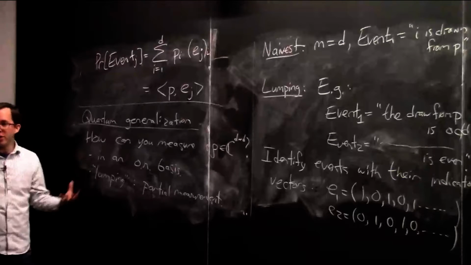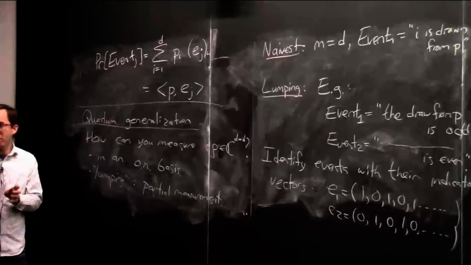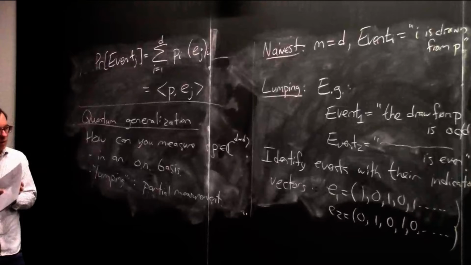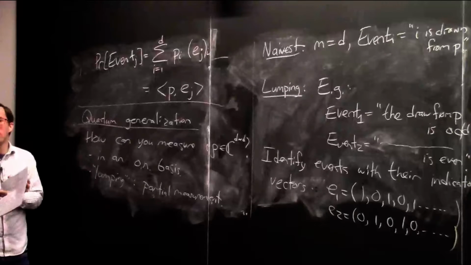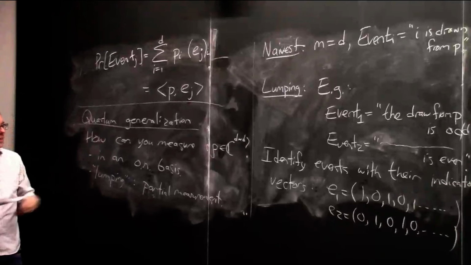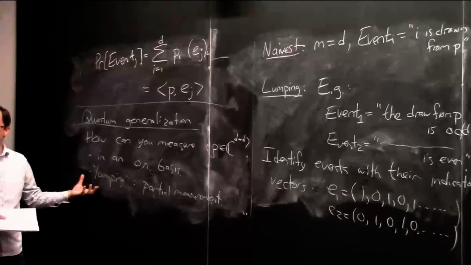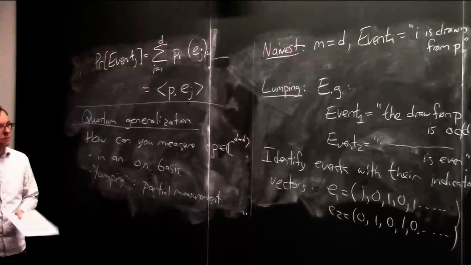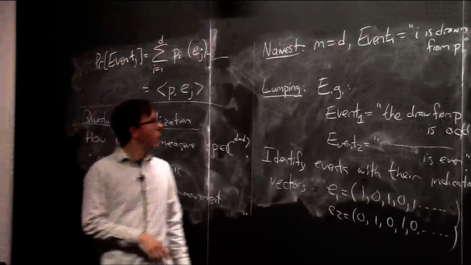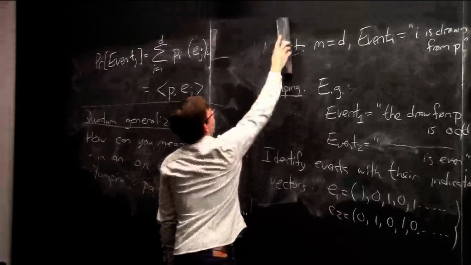So you can measure the whole state, but as we've seen many times, you can measure just some of the qubits. And you'll get 2 to the r possible outcomes if you're measuring r qubits, which is less than d. That's kind of like a lumping thing where you get fewer outcomes. You only partially use up the randomness of your quantum source of randomness. Okay, so that's sort of analogous to this.